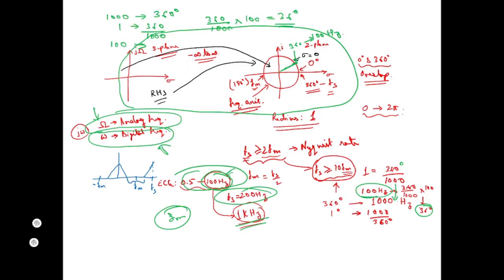Now, do you see any problem over here? When we are sampling at 1000 hertz for a 100 hertz maximum frequency component, we are restricting our frequency components within the region of 0 to 36 degrees. So if you have to design a low pass filter, you are left with only a very congested place to design the filter.